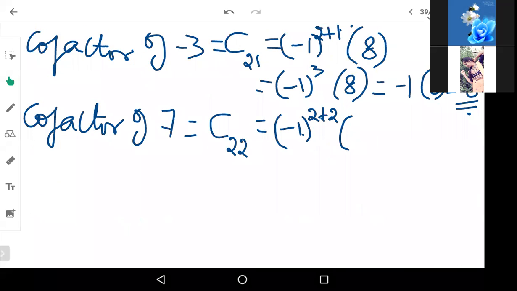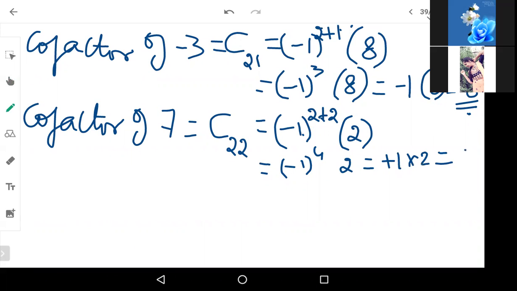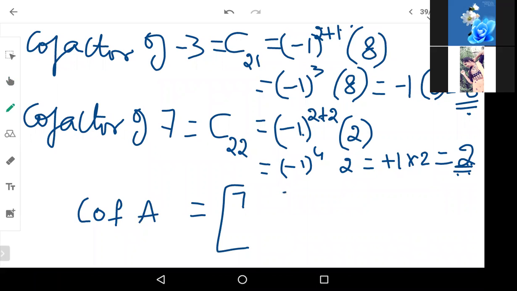So minus 1 to the power 4 into 2. Minus 1 to the power 4 is plus 1, into 2 is 2. So now finally the cofactor matrix of A is 7, 3, minus 8 and 2.